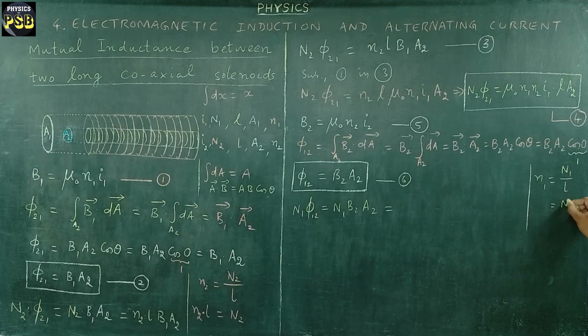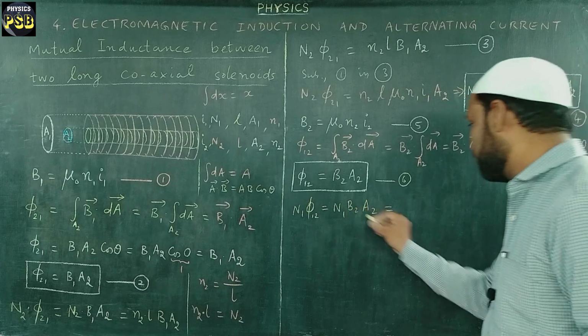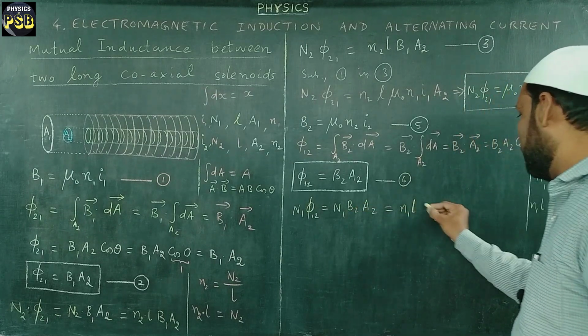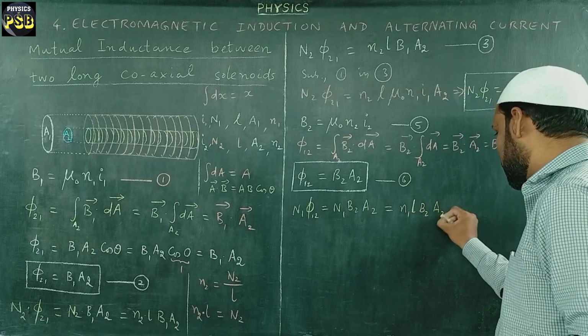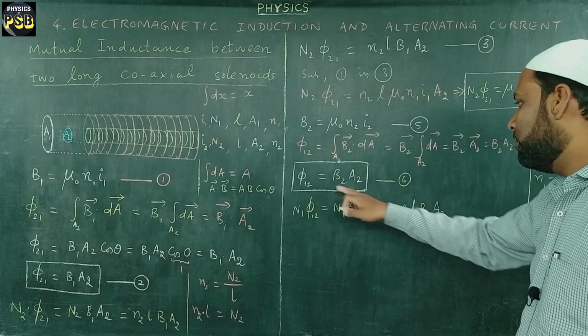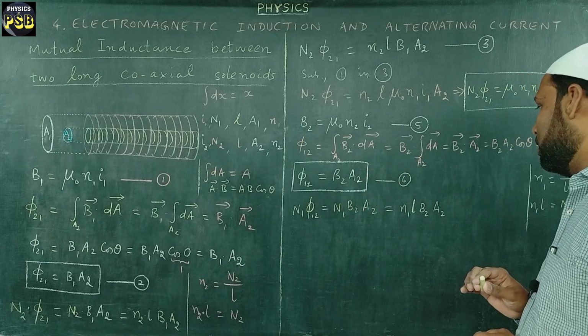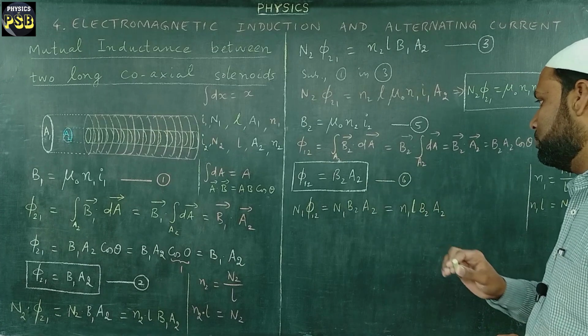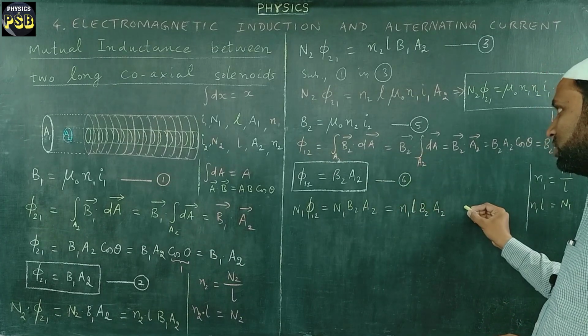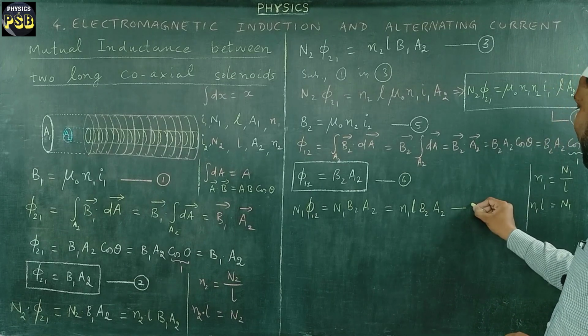When I cross multiply, capital N1 is equal to small n1 multiplied with l. Clear? So I read it like this: small n1 l B2 A2. Now I know the value of B2, and I will substitute it here. I name this one as equation number 7.